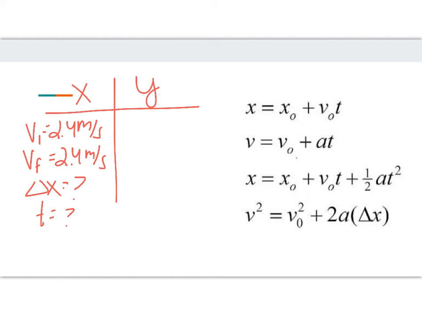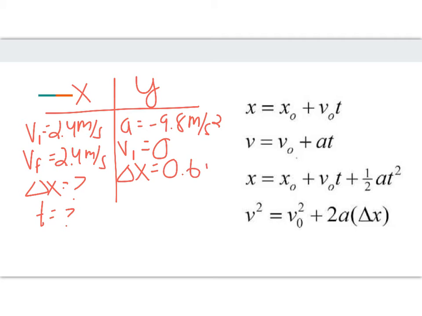Let's go to my y. The first thing you should always be writing down is acceleration, negative 9.8 meters per second squared. In these types of problems, when I'm only firing something in the horizontal, my initial velocity will be 0. It also told us that my delta y is 0.6 meters, and I'll also be looking for time.